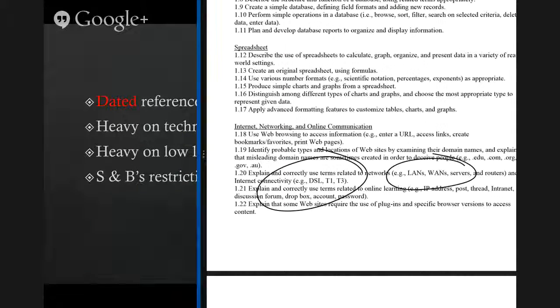For example, LANs and WANs and DSL, T1 and T3 lines. These are things that most students will never use or need to know about and are not applicable to school.